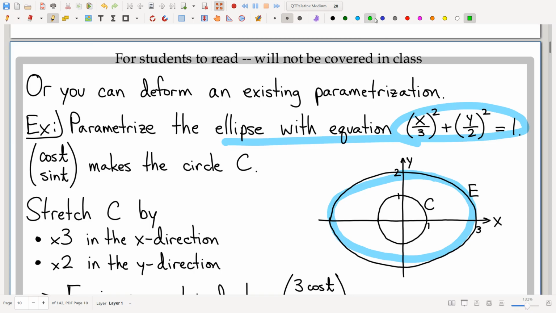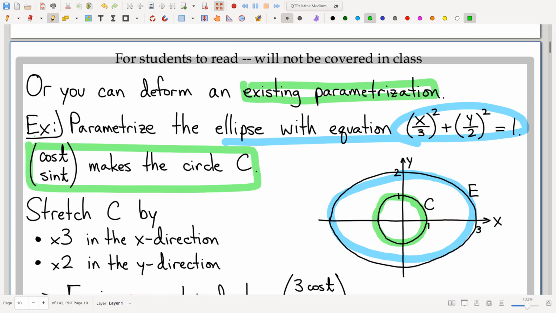And the thing is, there is an existing parameterization that we already know, namely of the unit circle, that's not the same, but it's closely related. Now, I'm sure y'all remember this from high school, probably. I think that when I was in school, they called it Algebra 2. I have no idea what they call it now. But high school algebra, ellipses are just stretched out circles.